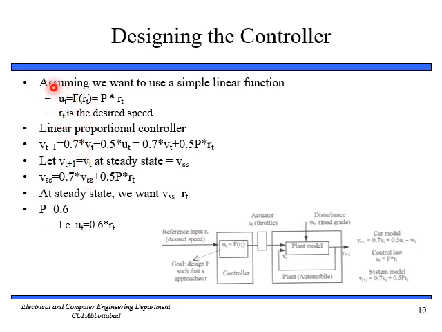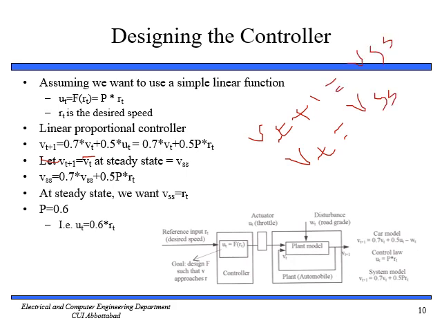How can we find it? We assume that in steady state, v of t and v of t plus 1 will be equal. Once these two are equal, we can find the value of u of t in terms of r. So if we replace v of t plus 1 and v of t, both are equal to vss.